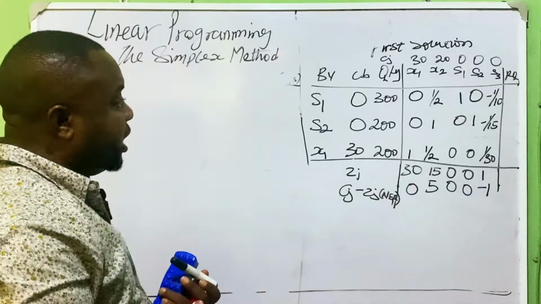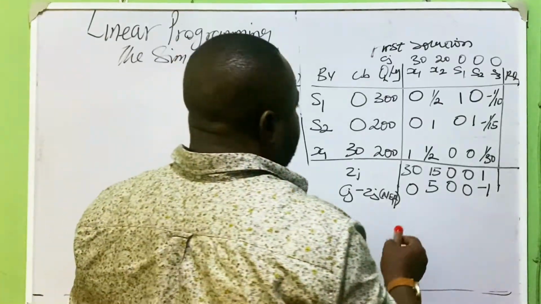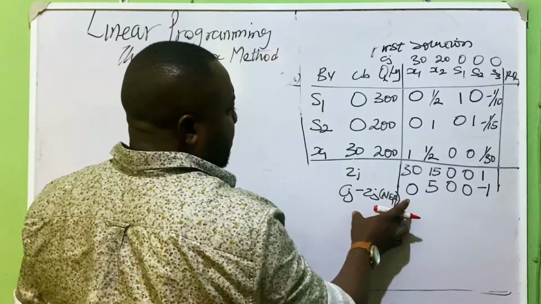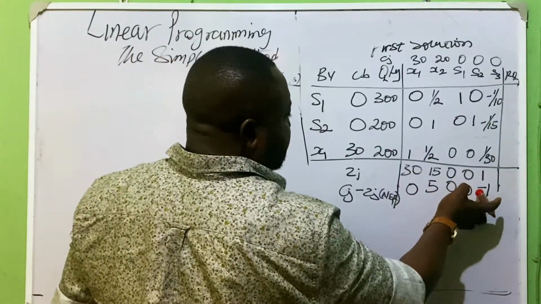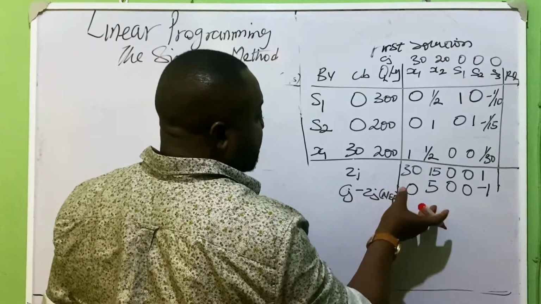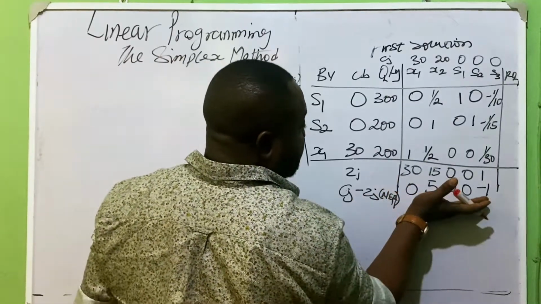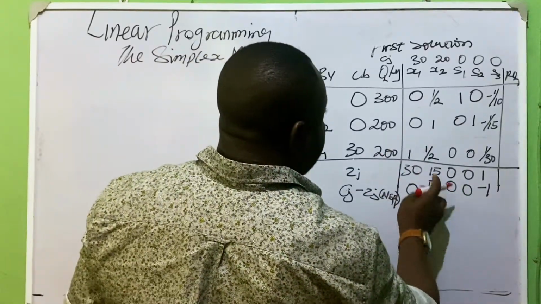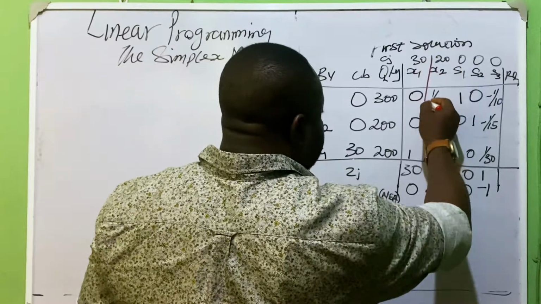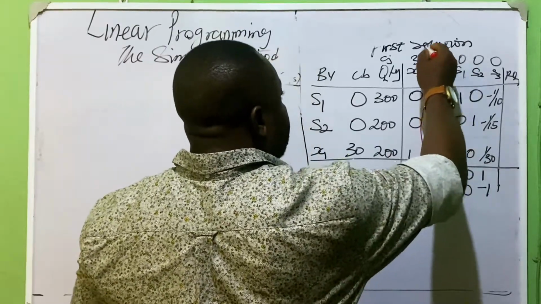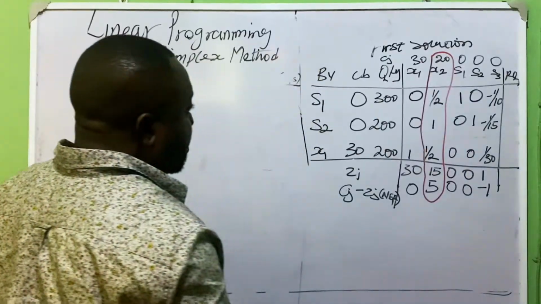To determine our incoming variable, it is done by visual inspection. As we can see, we have -1, 0, 0, 0, 0, +5, and 0, which means that any one we introduce from this will improve on our profit potentials. So we have 5, that is why we are going to select x2 to be our incoming variable.